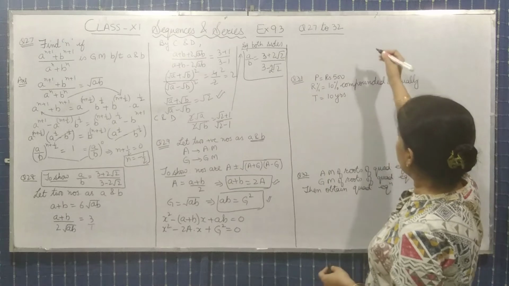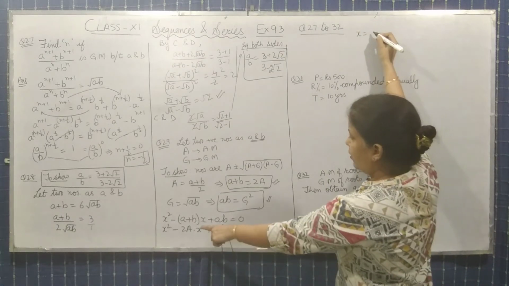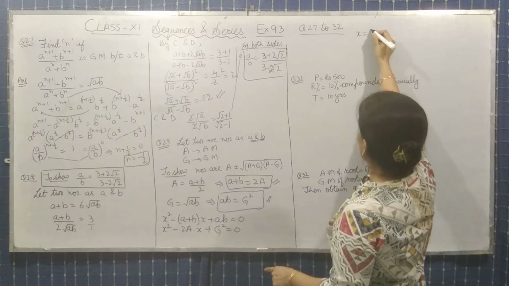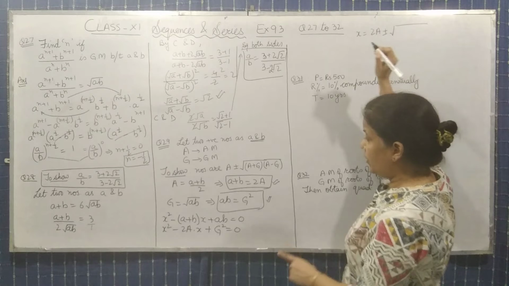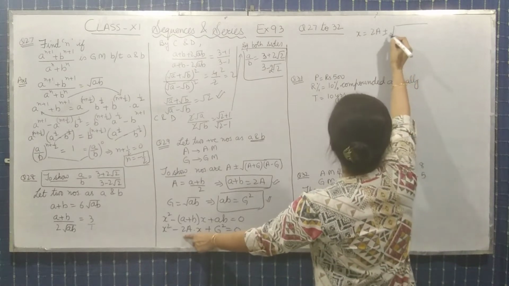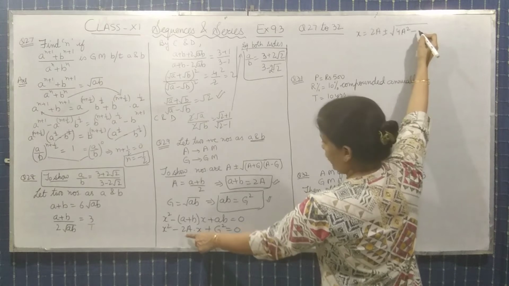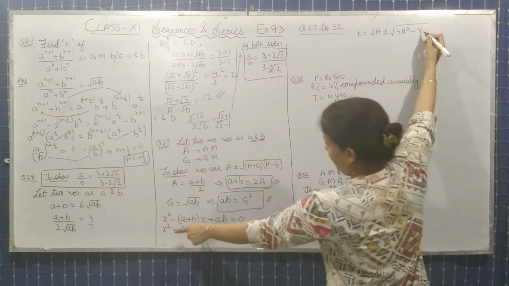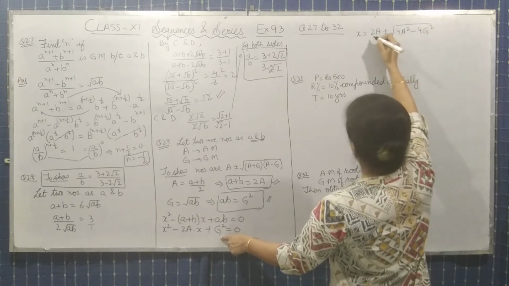So that is minus b. So x is minus b. So minus b means 2a plus minus b square. B square means 4a square. B square minus 4ac, minus 4 into a into c, and upon 2a.